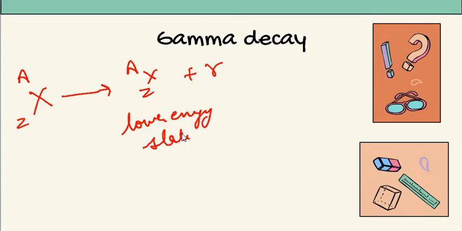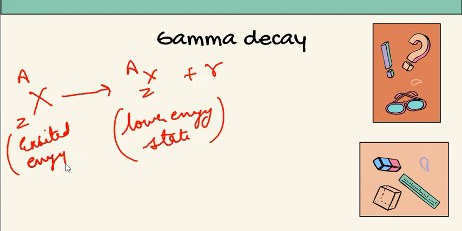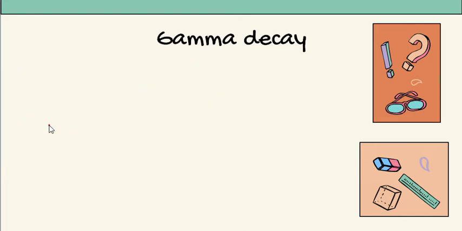This is the daughter nucleus, which is present in the lower energy state, and the same atom in the excited energy state. Whenever a nucleus changes its state from excited to lower energy state, it emits energy in the form of photons. So we call it gamma decay.